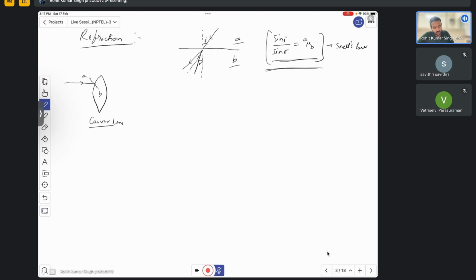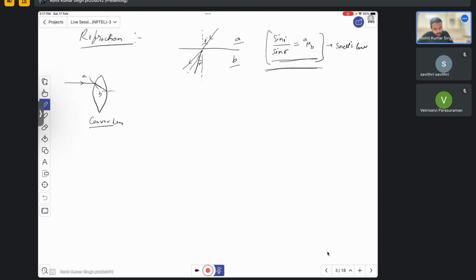So what will happen is this light ray will bend towards the normal like this, right? And then it will go here, and now again here the normal is like this, right? And now it is going from the lens to air, so it will bend away from the normal, right?